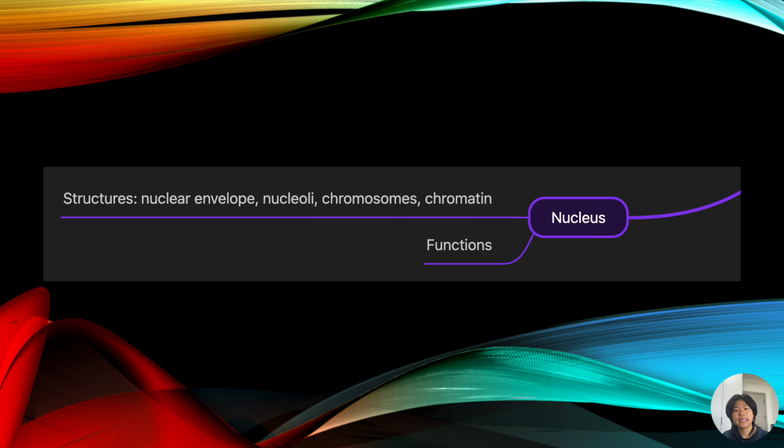So why is the nucleus so important? As we've mentioned, the nucleus is the site that holds all of our DNA. The DNA never leaves our nucleus. Keep in mind that the DNA never leaves the nucleus.